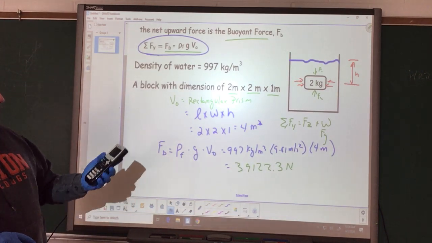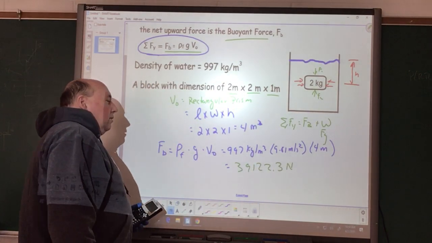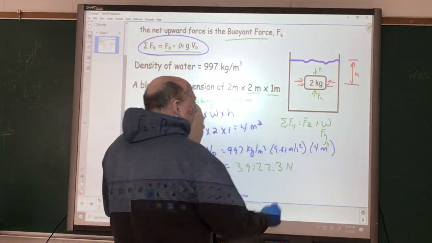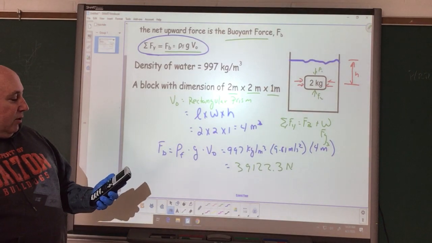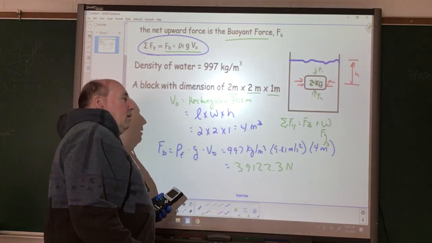Well, I'm going to have to adjust because my cubic meters here and my cubic meters here is making this rather large. So I'm going to have to adjust my mass up here.